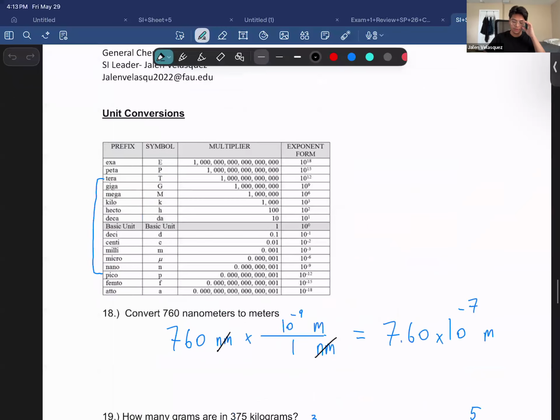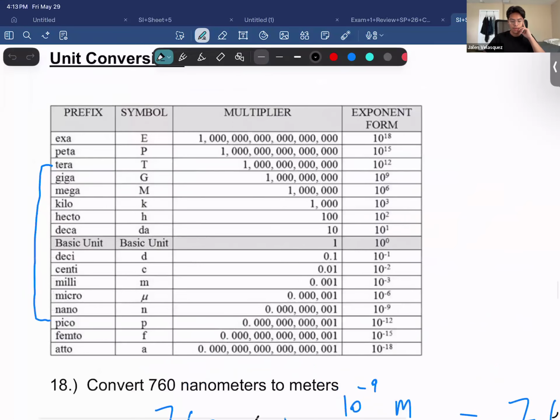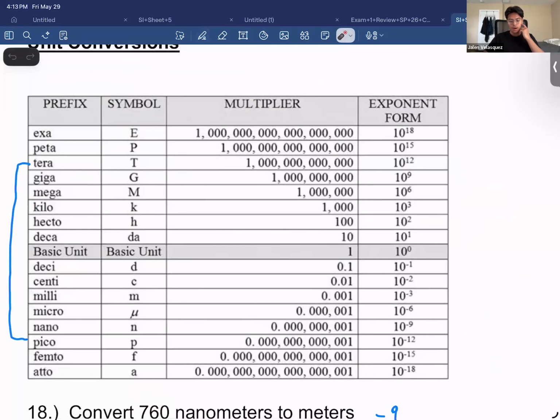So here's the unit conversion chart. For this chart, you must memorize the prefix and the exponent that goes along with it. What I highlighted in blue are the most common ones that you're going to see.